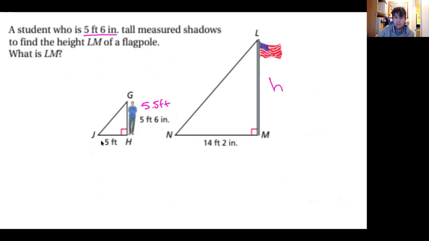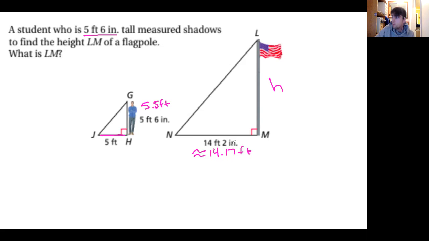So we have 5 feet for his shadow, 5.5 feet for his height, 14 feet 2 inches, 14 plus 2 over 12. So that's approximately 14.17 feet. Again, I'm rounding here. It's actually 14.16 repeating, but I'm just going to round this.